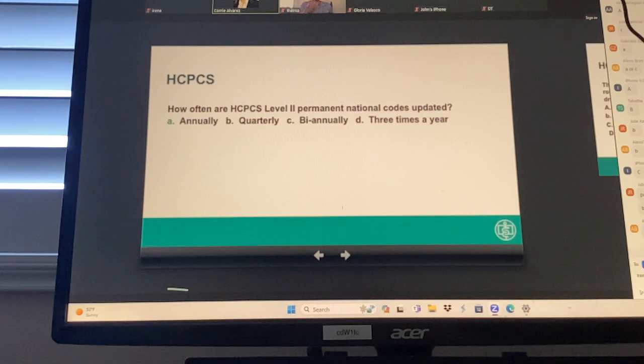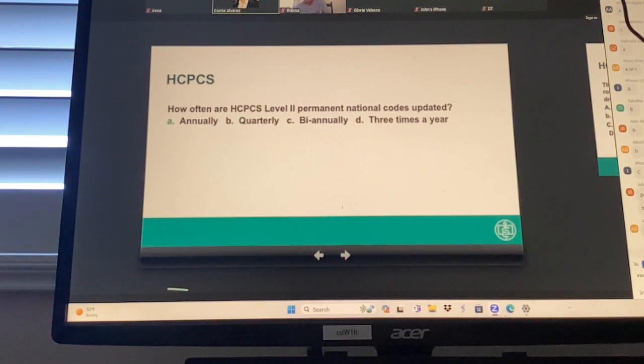So this is one of those areas where they're going to publish them on the internet, and you're going to be able to get onto the CMS website and look at what's updated. And once it's published quarterly, then it goes into effect the latter part of the year.